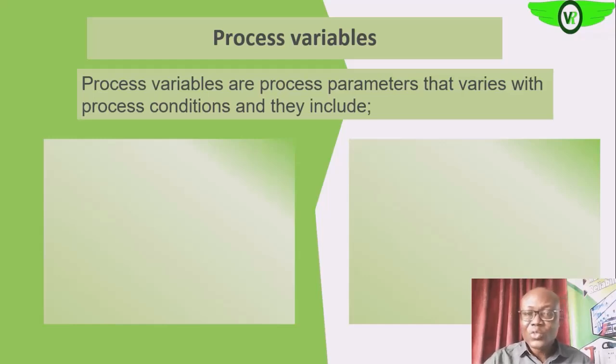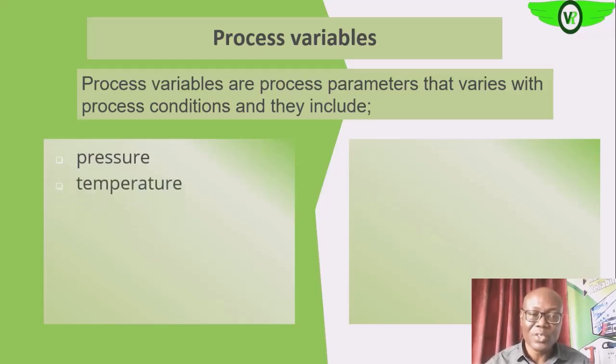So we need to appreciate them, how to monitor them, how to control them, and what instruments we need to use to monitor and control these process variables. As you can see, we have pressure. Pressure is a process variable or process parameter that can change oftentimes with changing process conditions, as we'll see later.